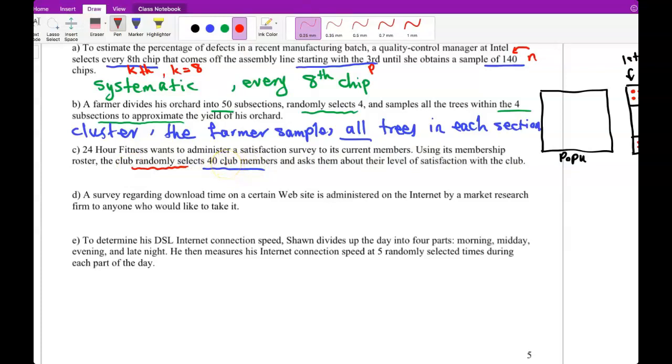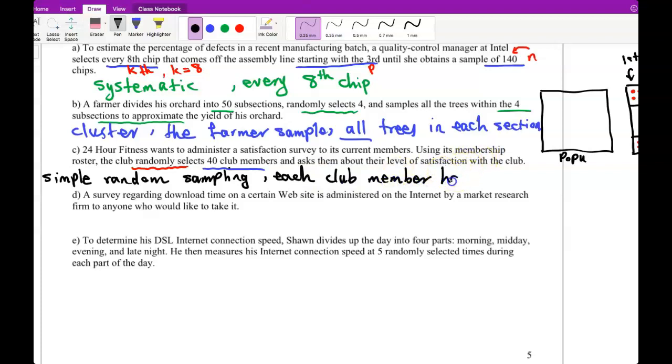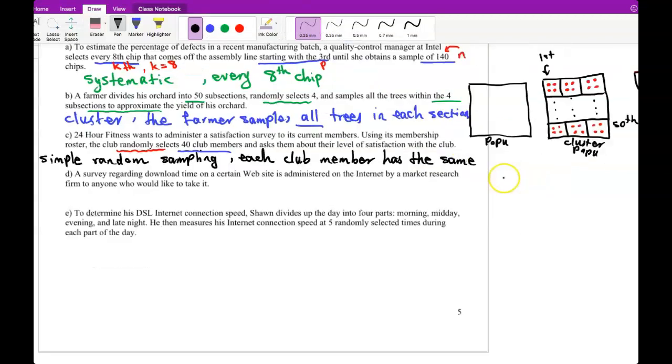Each club member has the same chance of being selected. So simple random sampling.